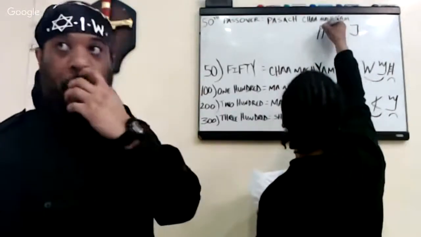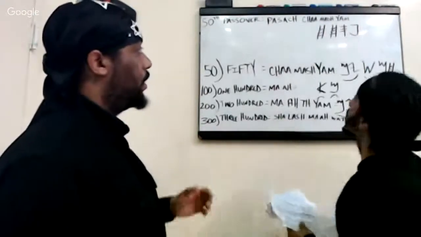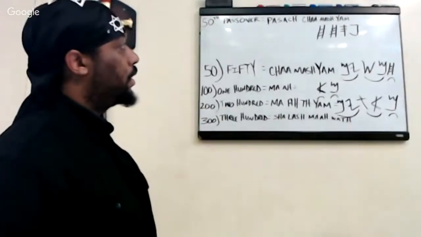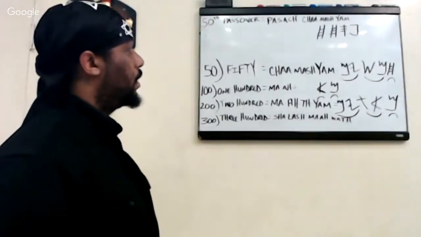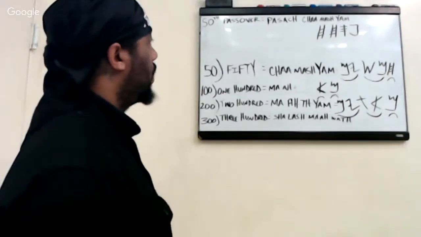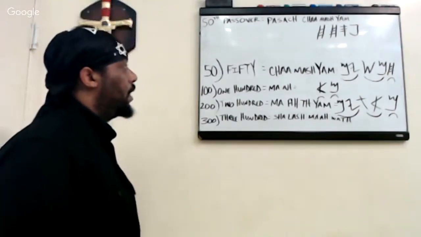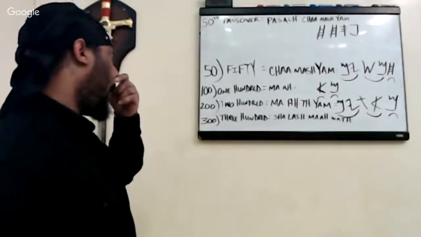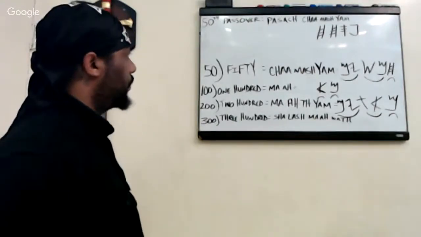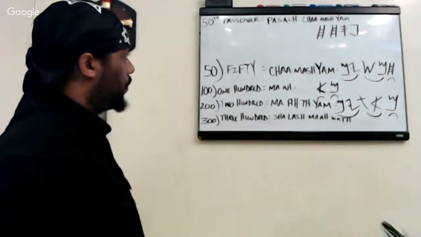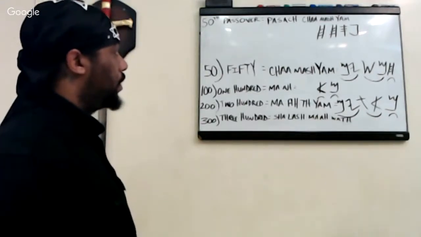Before you put that, the way it's written in Hebrew, there's always a ha before the thing being described. The thing being described is the Passover. Now, after that, you're describing what pertains to the Passover, the 50th Passover. So it will be Pesach ha kamashim.